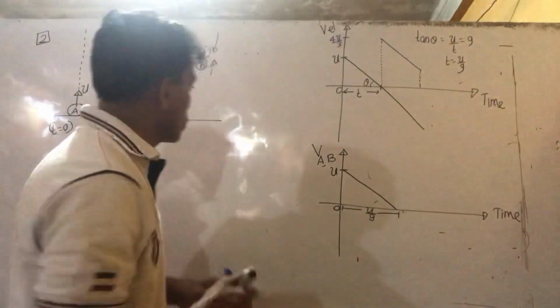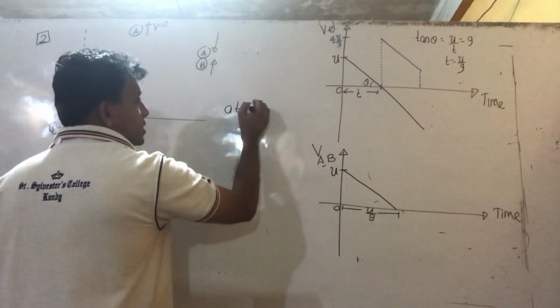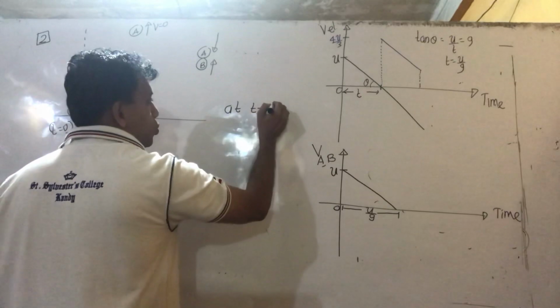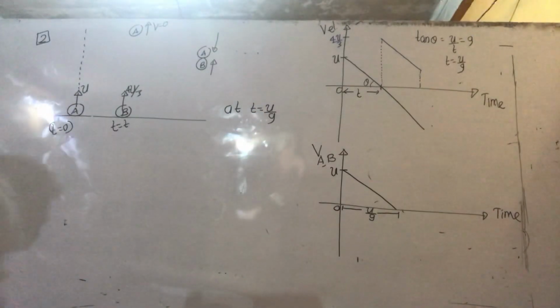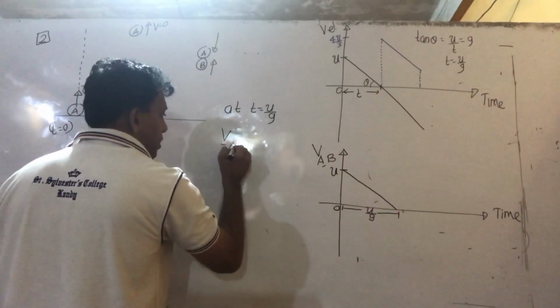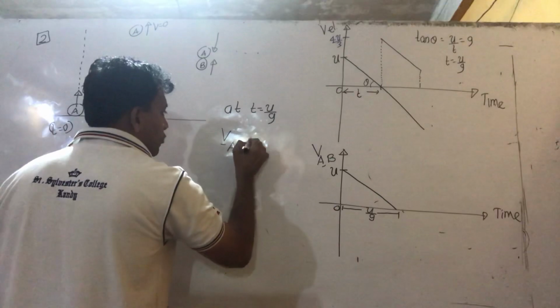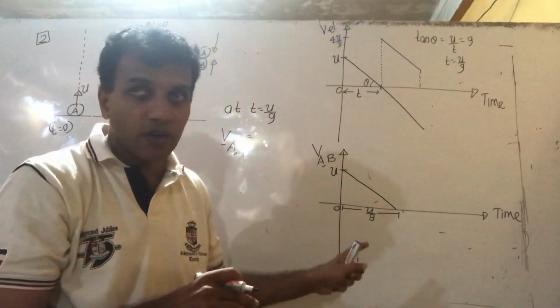After that, at t equal to u over g, what is the velocity of A relative to B? You have to find this component, and then the shape of the graph is easily explained, right?